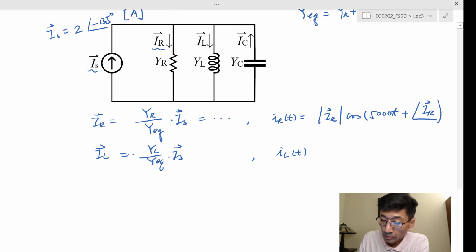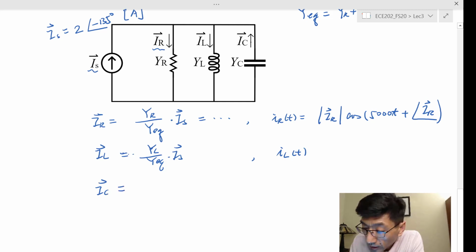And then for the capacitor current, I sub C, look at this, the current I sub C is going into the node, right, entering the node, and I sub S also enters the node.